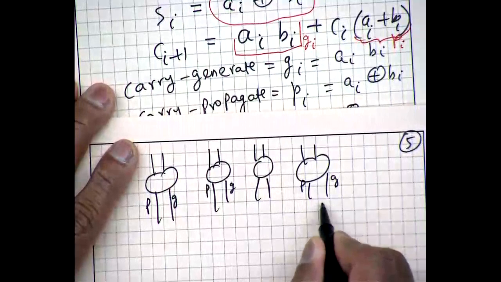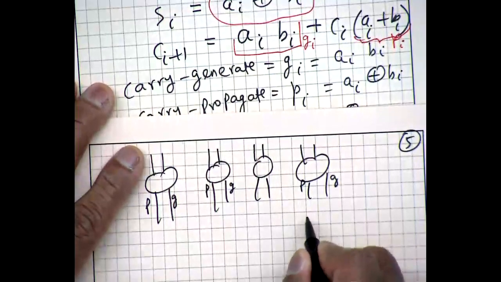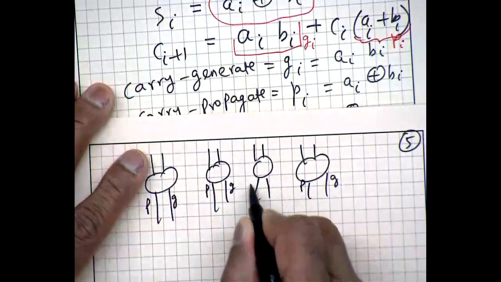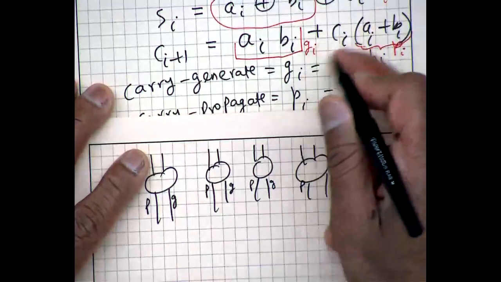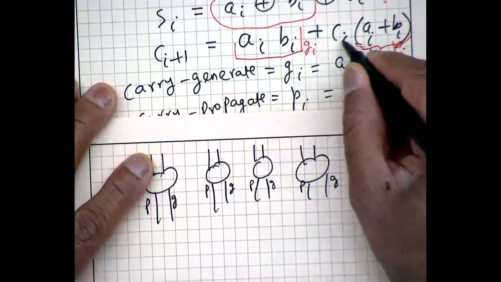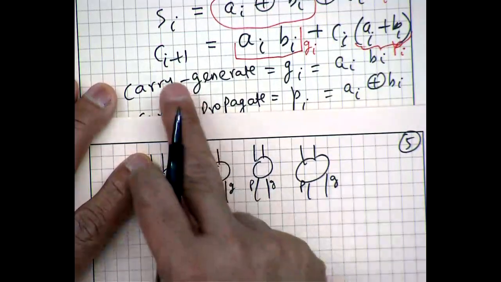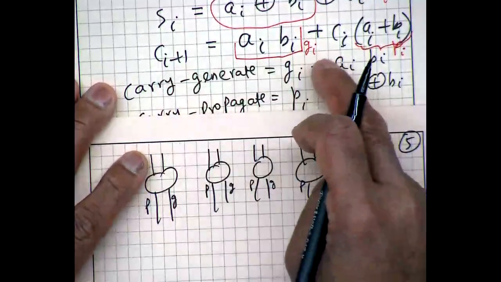So we generate carry. Carry output is G plus P times carry in. Initially it may be 0, so we can simplify. If the carry input is 0, then C1 is equal to G0.